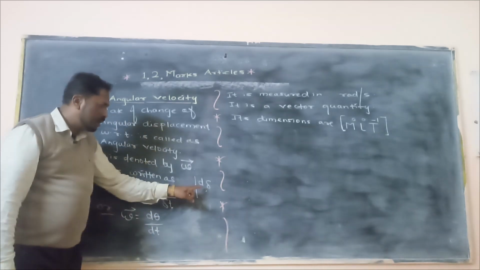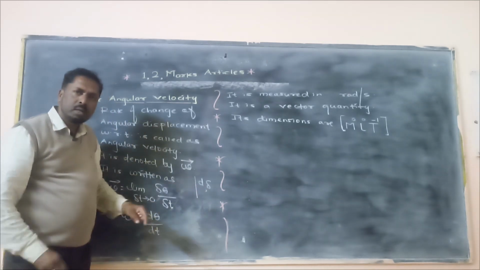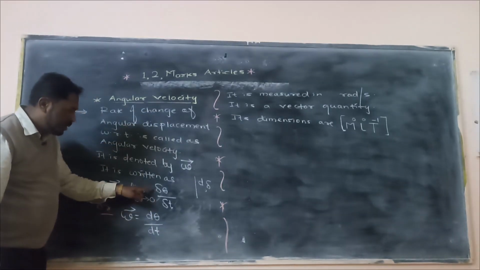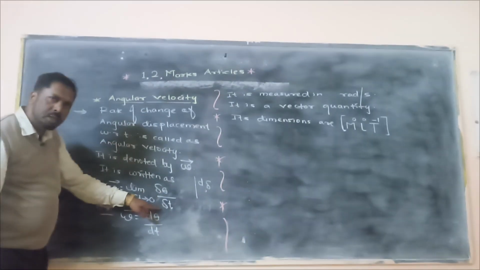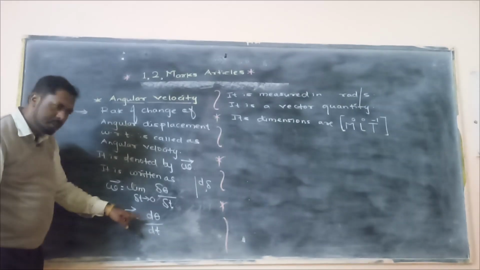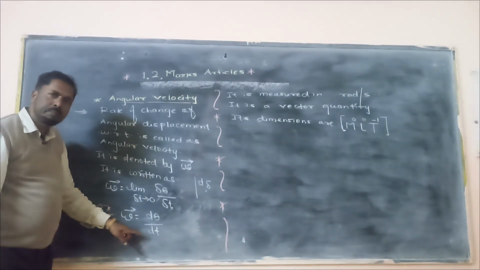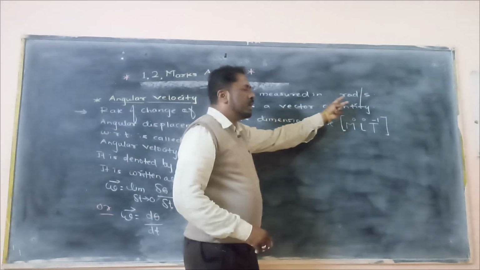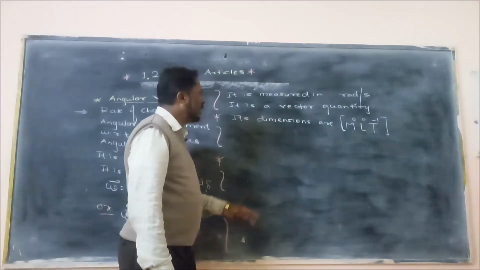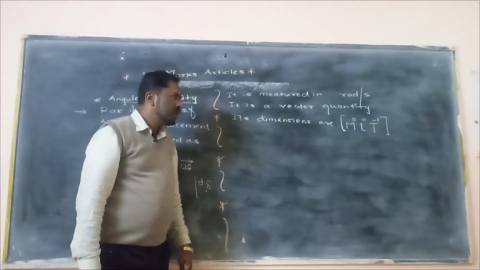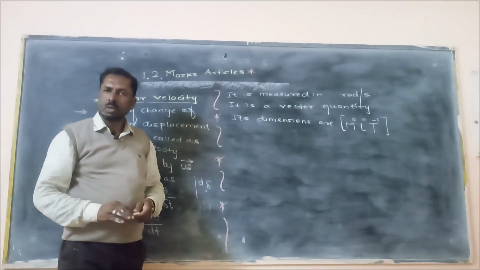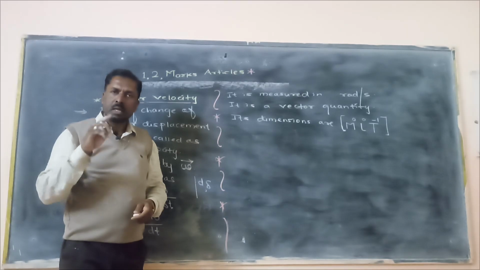Delta and d stand for change. So change in angular displacement with respect to time is nothing but angular velocity. It is measured in radian per second. It is a vector quantity. It has the dimensions M0 L0 T raised to minus 1.